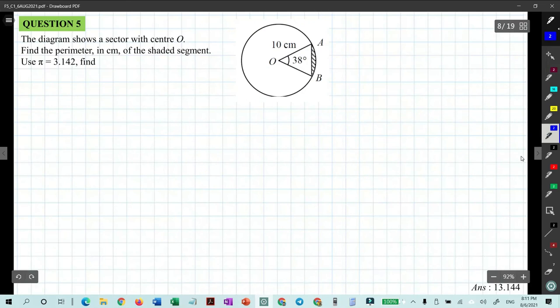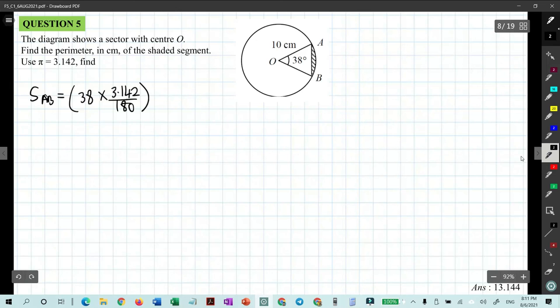Okay, let's move to the next question. The diagram shows a sector with center O. Find the perimeter in centimeter of the shaded segment. So this question is quite similar to the previous one. I'm going to use a simplified version of the calculation. Length of arc AB is equal to 38 times 3.142 divided by 180.